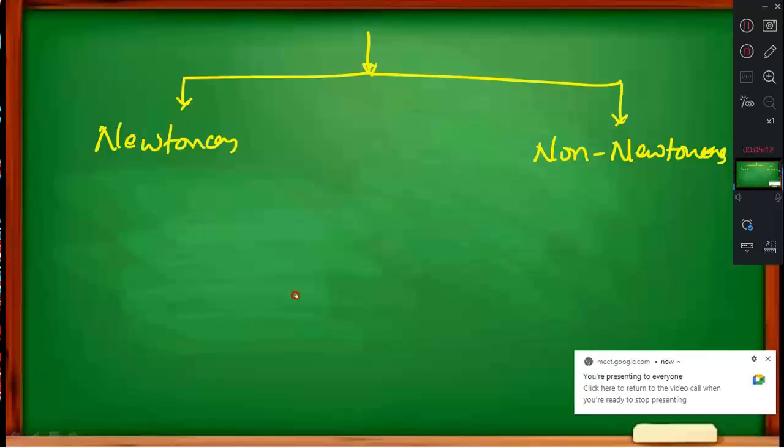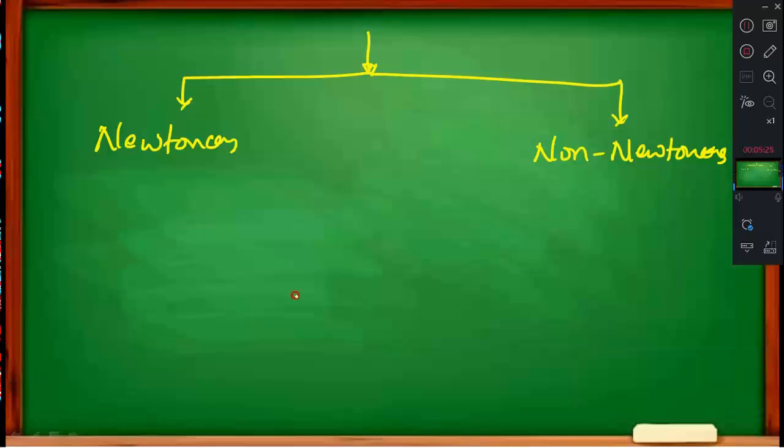Newton's law I already told you. If it is obeying, okay, and if not obeying, then non-Newtonian. Right? Now write it here. Water is an example for a Newtonian fluid. There are many such fluids.